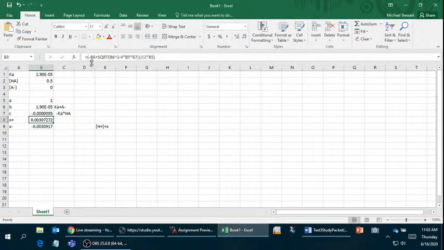The quadratic equation: this is the opposite of B, plus the square root of B squared minus 4 times A times C, divided by 2 times A. And then I just took the formula, copied and pasted again, and switched the positive to a minus. And you could build your full IC table.